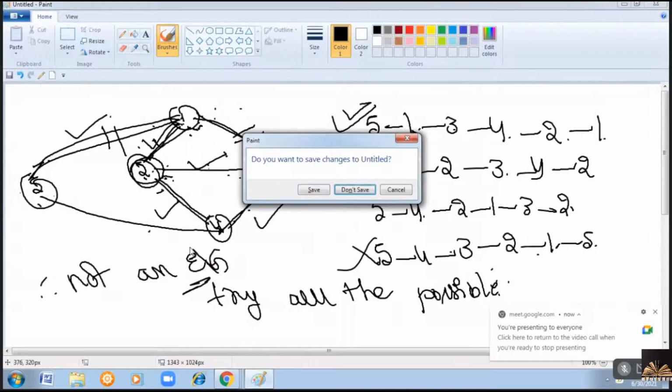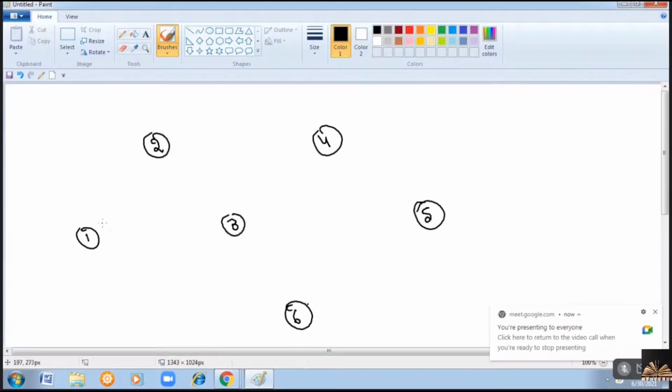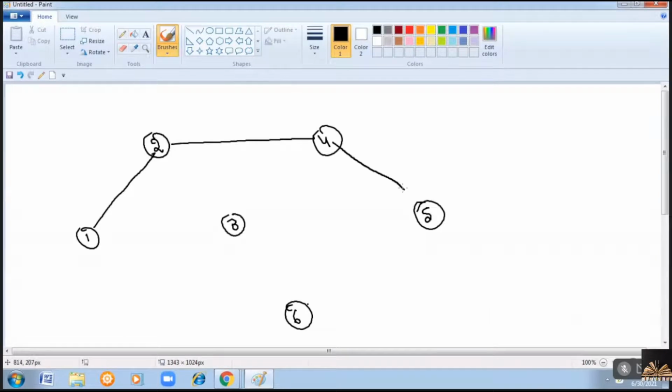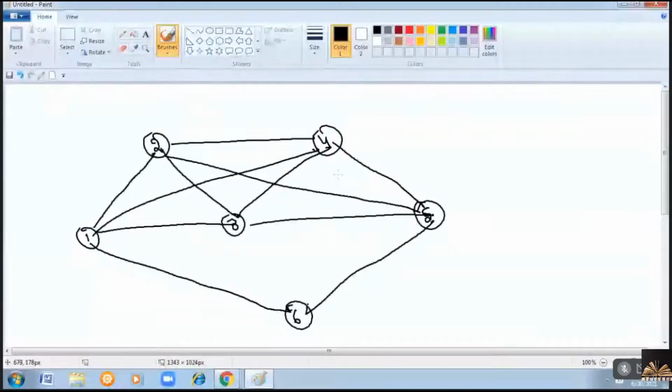Let me give you one more example. So consider this graph and check whether there exists an Euler circuit or not in this graph.